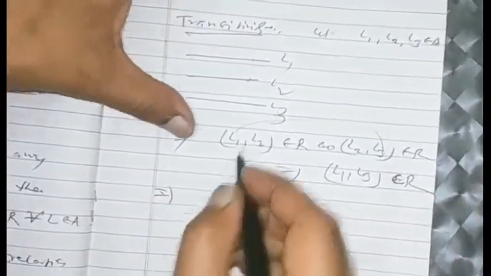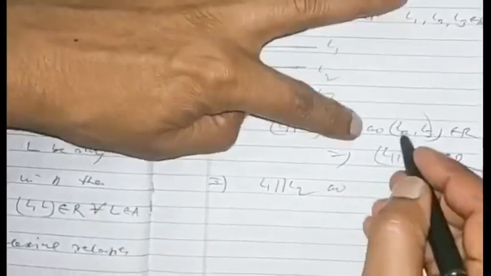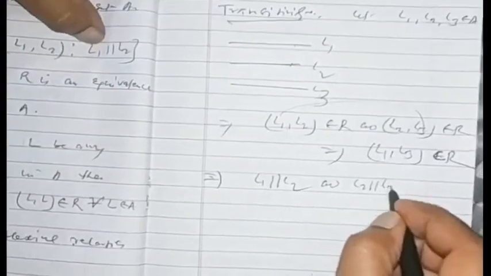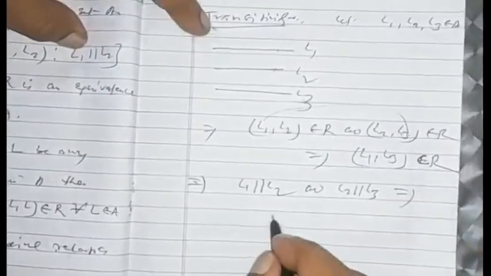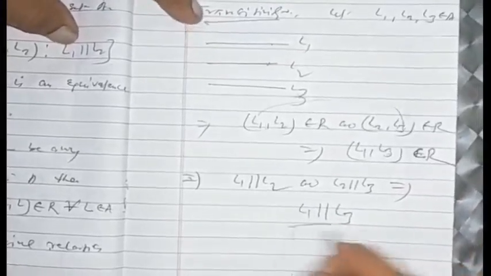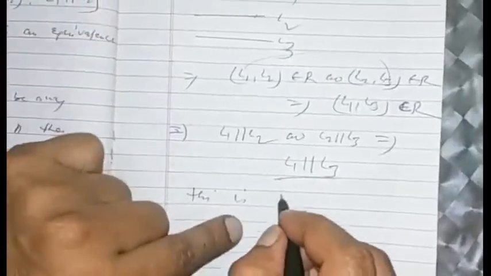This means L1 is parallel to L2, which is the condition given here, and (L2, L3) belongs to R, which means L2 is parallel to L3. This implies L1 is parallel to L3 also, and this is transitive.